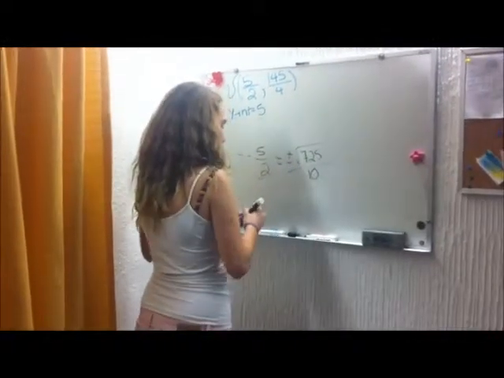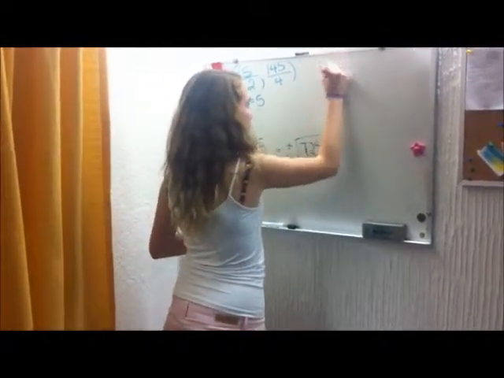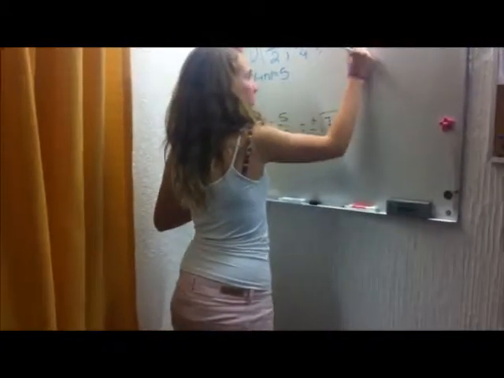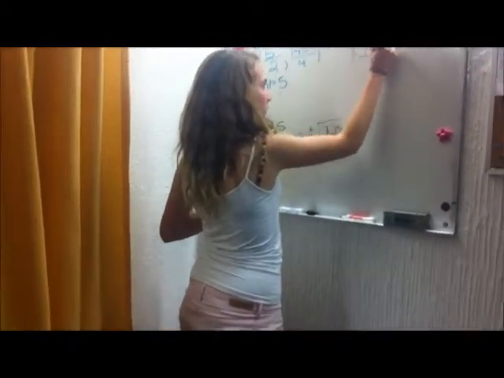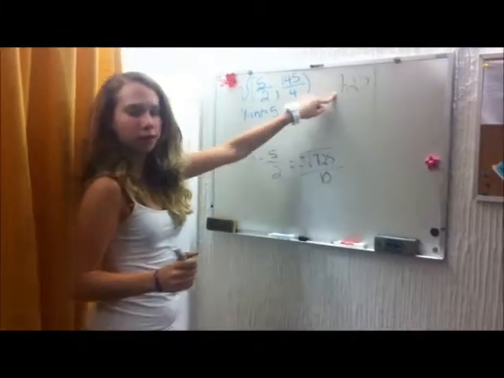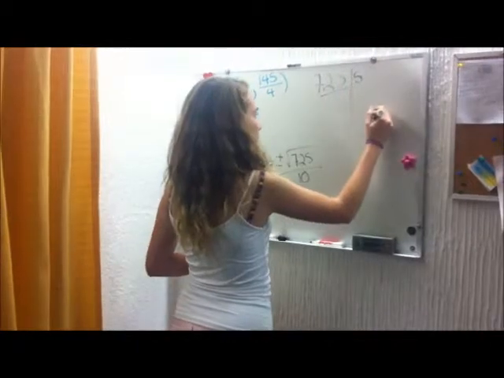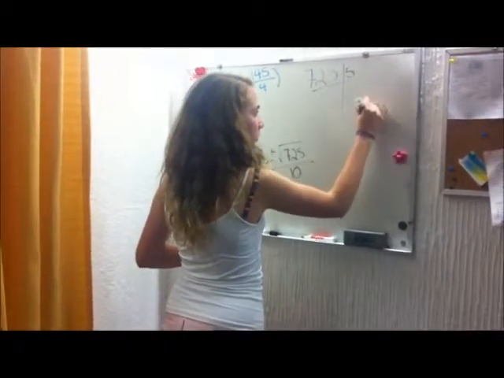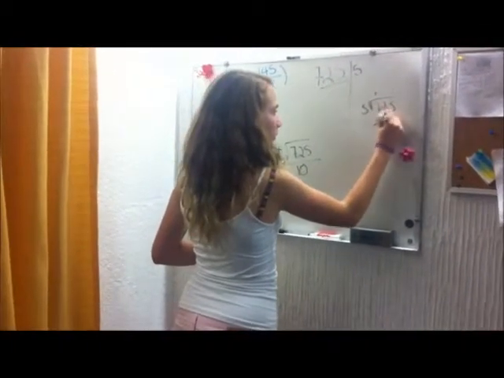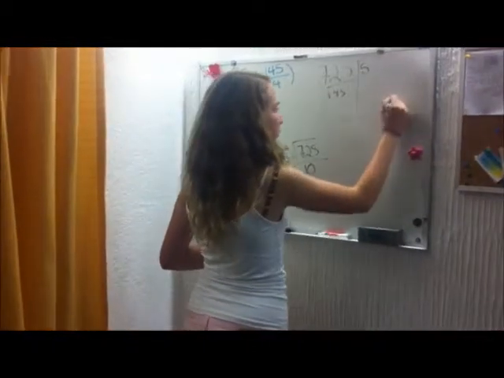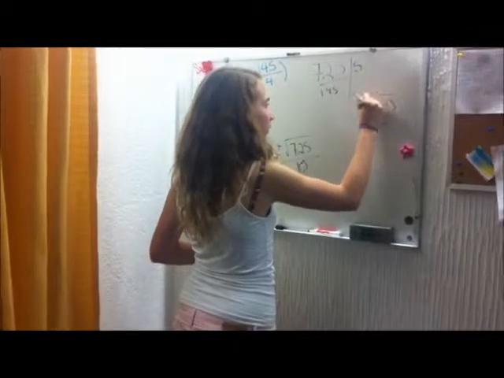How to do it? Well, the square root of 725 has a 5, so we've got 145. 145 is also multiplied by 5.